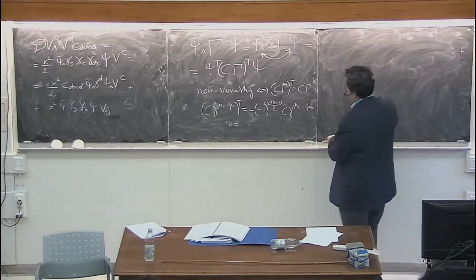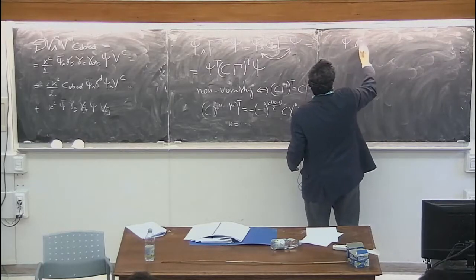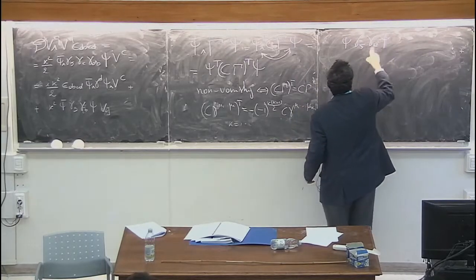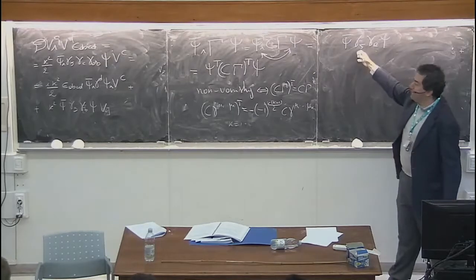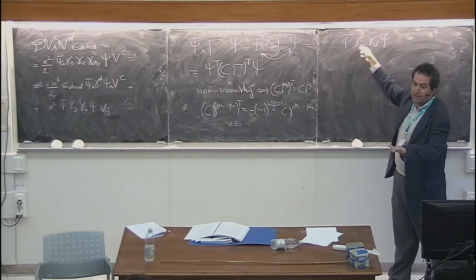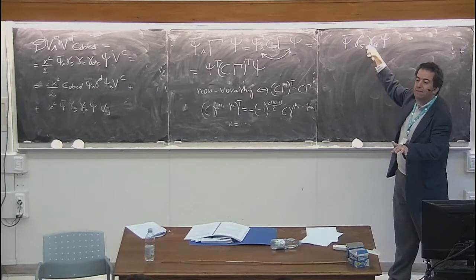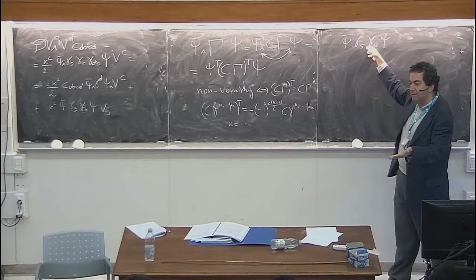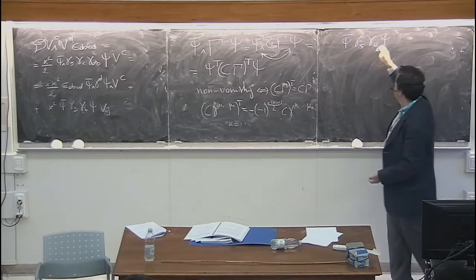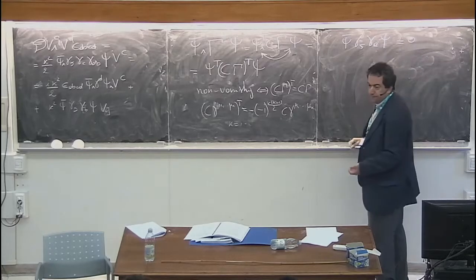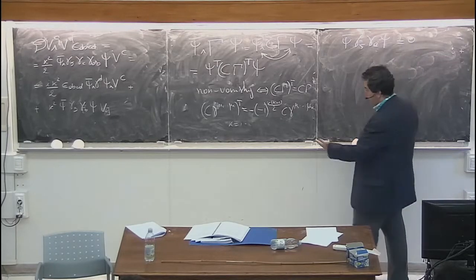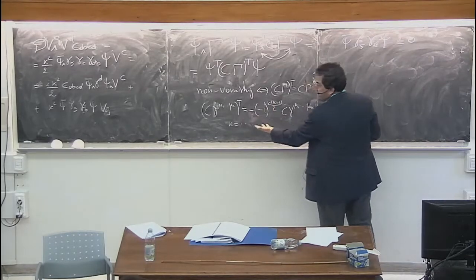So psi bar gamma_5 gamma_a, since gamma_5 is the product of 4 gammas, is the same as a gamma with 3 indices, and this is 0, because the gamma with 3 indices is antisymmetric.